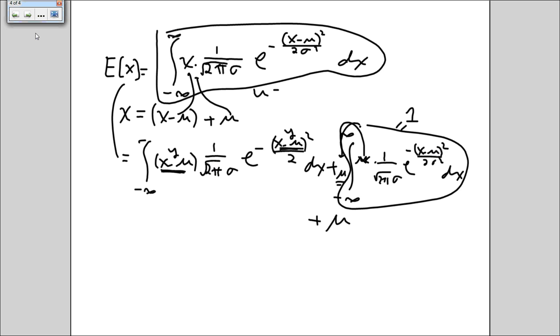If y is just x minus mu, then dy is just dx. That is, I can call that dy. And once again, if x goes to infinity, you take away mu, you still get infinity. That is, the upper limit should stay infinity.